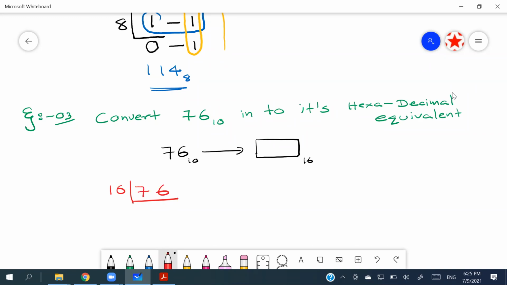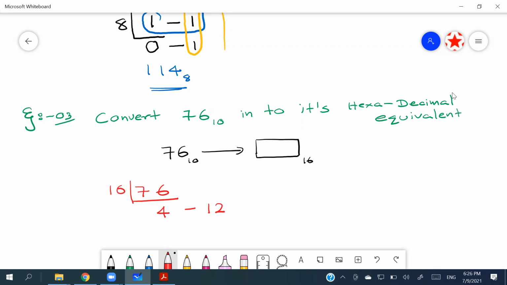What is the reason? It is because we are converting the 76, the decimal value, into hexadecimal. So the base is 16. So for 76, how many 16s are there? There are 4, right? 16 plus 16 is 32. 32 plus 32 is 64. That means there are 4 sixteens. And we are left with how many? 12.